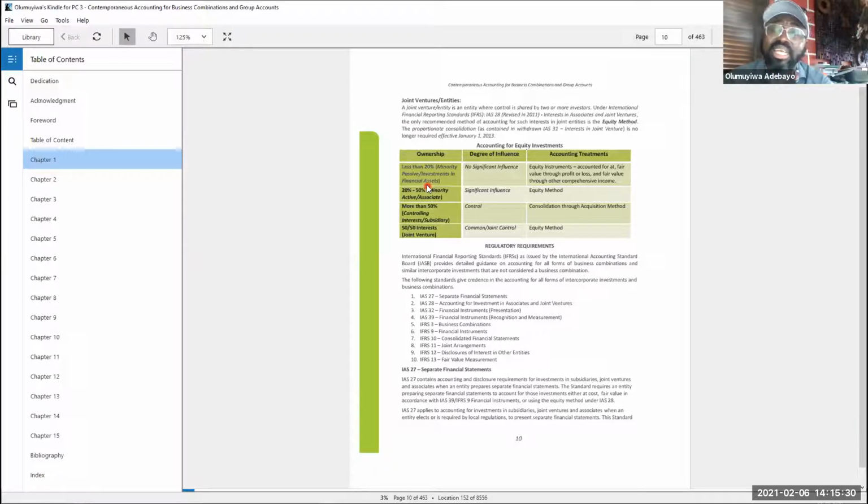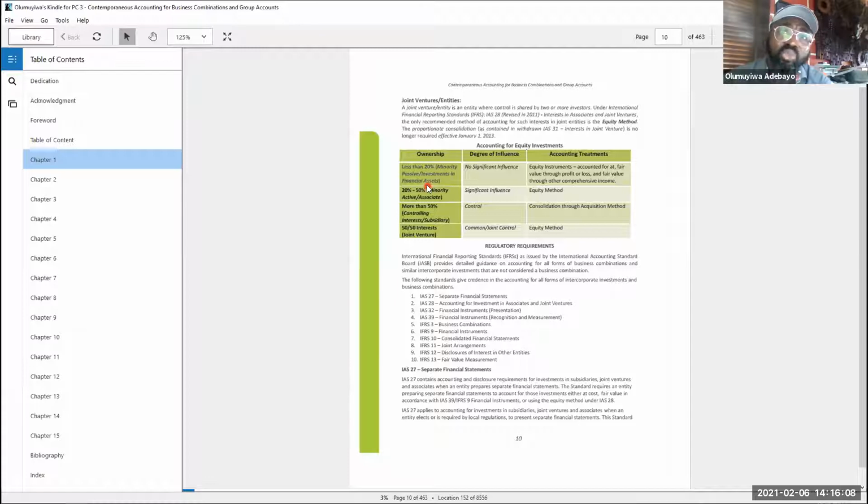Now, as he has also said, there are various regulatory requirements via the international financial reporting standards. The standards that we'll make use of primarily will start from IFRS 3, because that is what is going to lay the foundation for business combination. Whereas IAS 32, IFRS 9, or IAS 39 as the old standard, and IFRS 7 will lay more foundation for financial instruments as a whole, which we are going to discuss extensively later.